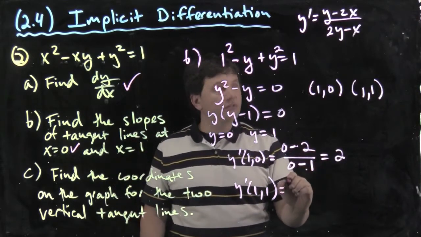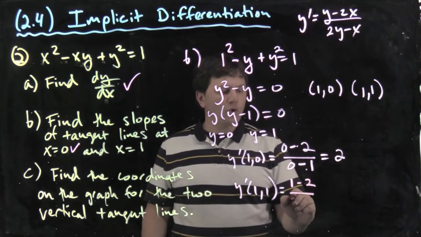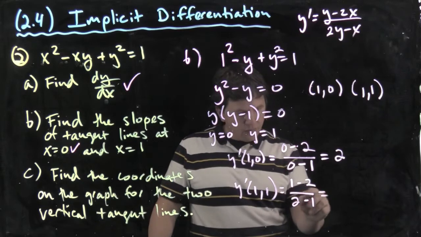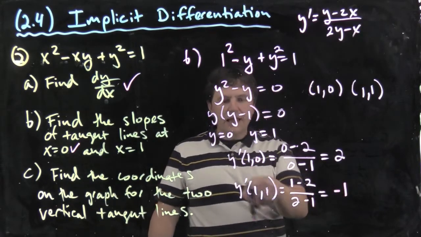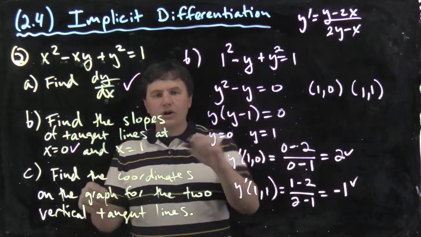That's going to give us 1 minus 2 over 2 minus 1. So this is going to give us -1 over 1, so that's -1. And those are my two slopes there. Now we're done with this one.